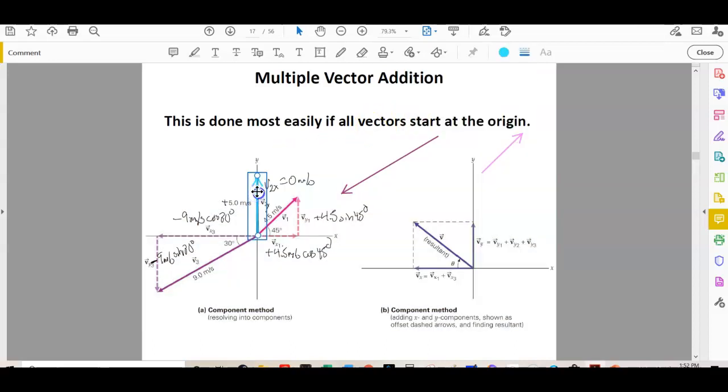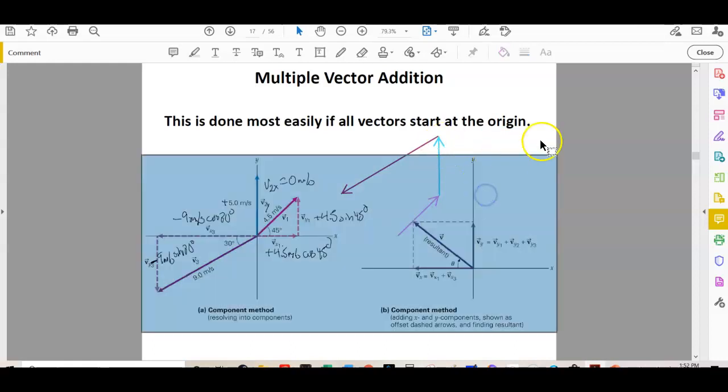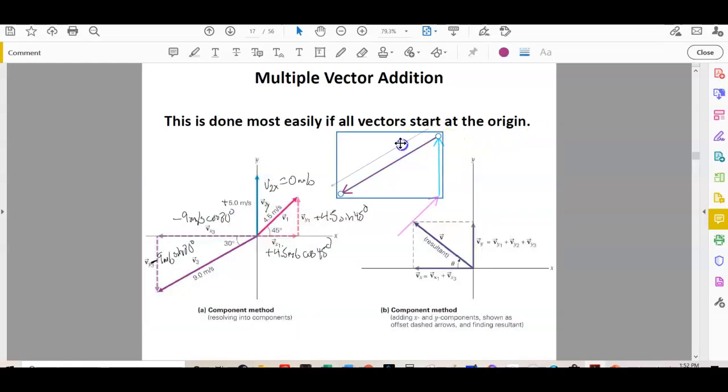Okay, well, if you add these vectors together, you should get a resultant vector. And it doesn't matter the order in which you add these guys, so I'm going to try to do it this way.